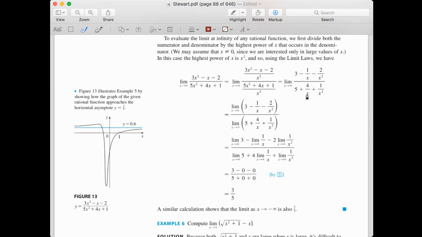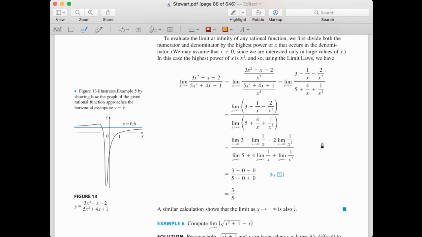Similarly for the denominator. Remember we said 1 over infinity becomes 0. Of course 2 over infinity squared becomes 0. So all those terms disappear, they become 0, so we're left with 3 over 5. All right. That's the process, but for us, just remember the ignore rule.